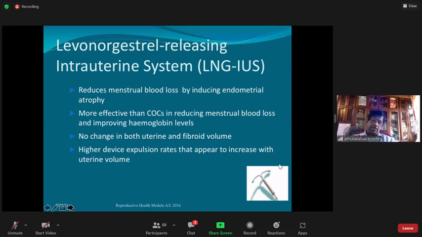So as you would have seen, most of this medical management is to control their menstrual symptoms.